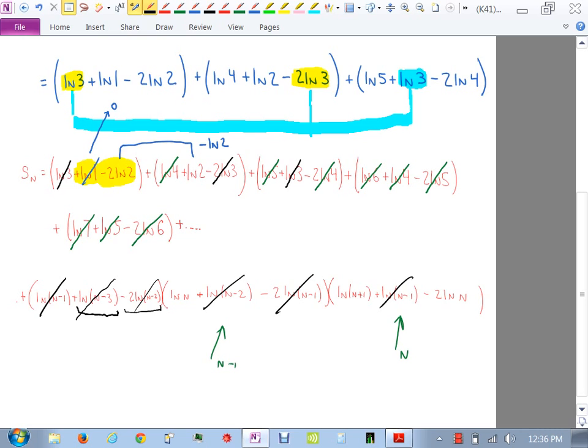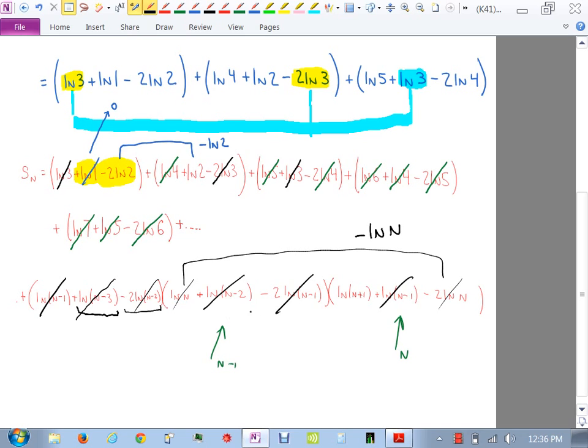The 2 after it, but I only have 1 after it, right? So it's going to go, this one and this one together, which gives me a what? Negative ln. Okay, so these 2 are taken care of, but they go together to become something.